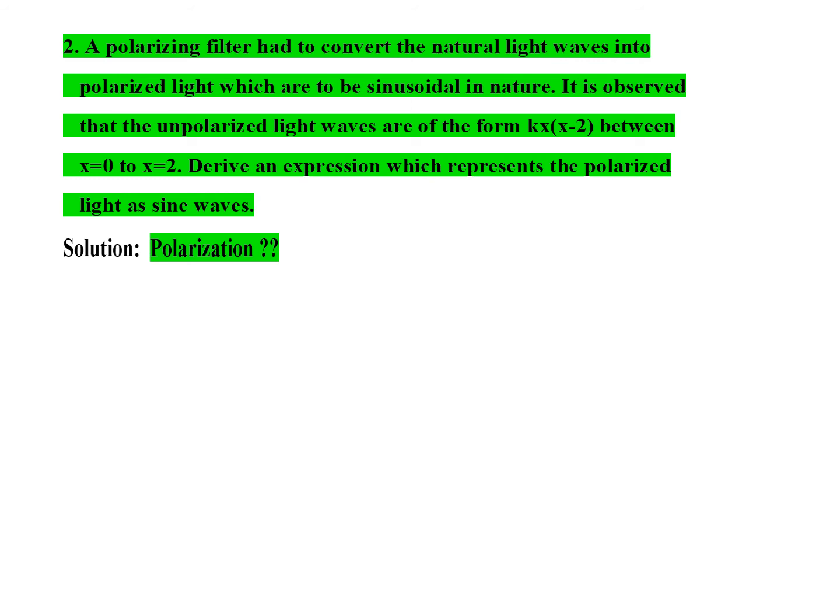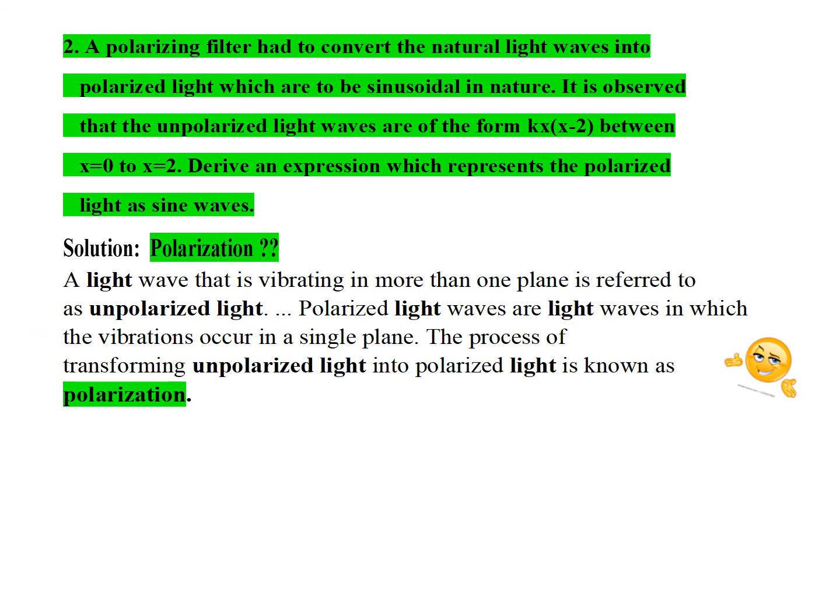Before going to solve the problem mathematically, let us have a glance at the story behind it. What is polarization first? A light wave which is vibrating in more than one plane is usually referred to as unpolarized light. And polarized light waves usually vibrate in a single plane. So many times we may have to polarize the light waves in order to prevent the blurredness which occurs in the vision.